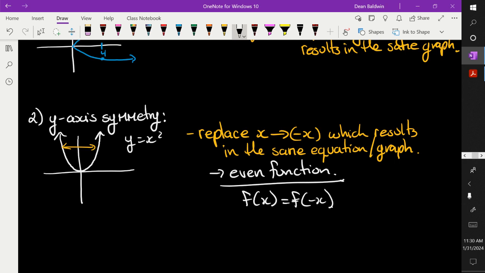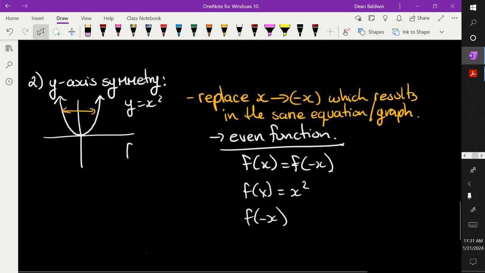For example, we'll just do this because it's super straightforward. f of x is equal to x squared. f of negative x, so I'm going to test it for symmetry with respect to the y-axis. Whatever's in brackets goes in for x, so this gives me negative x all squared.